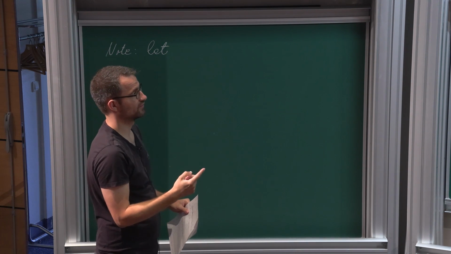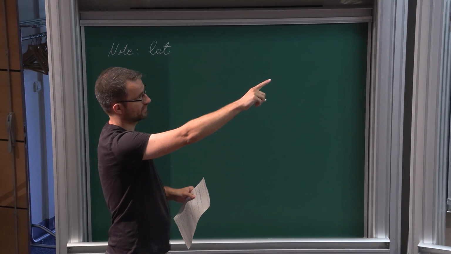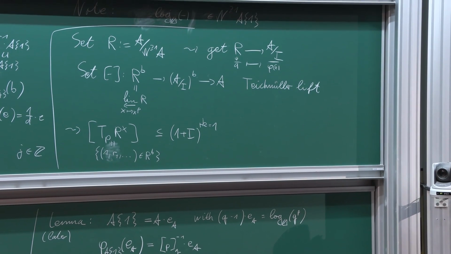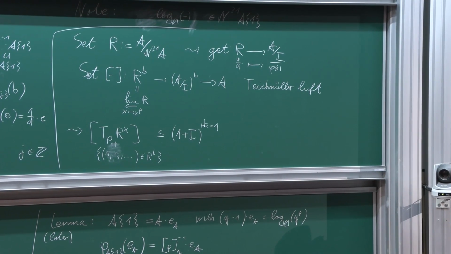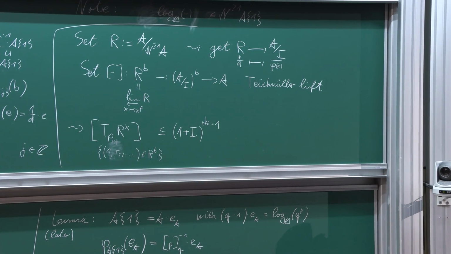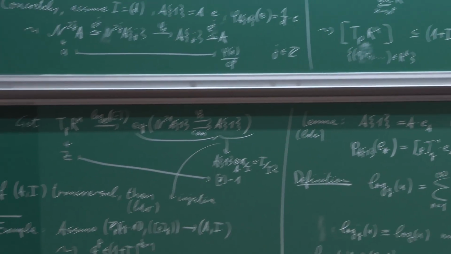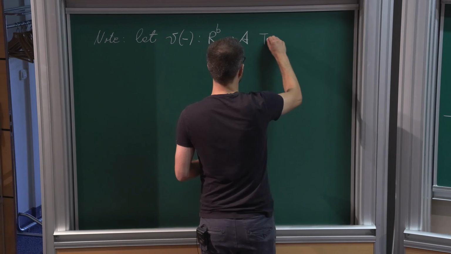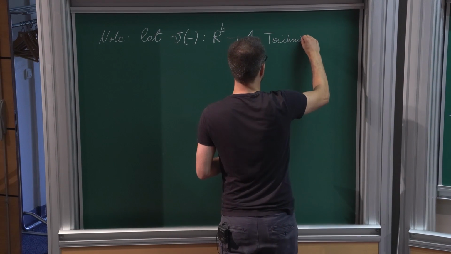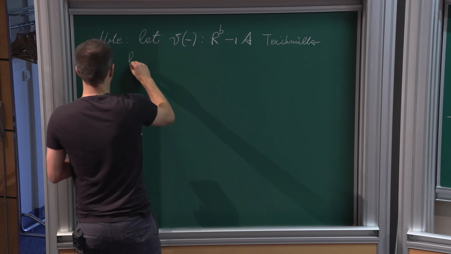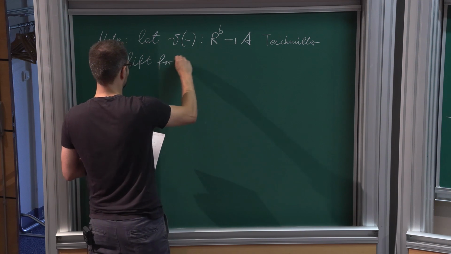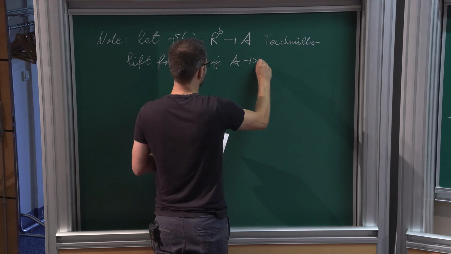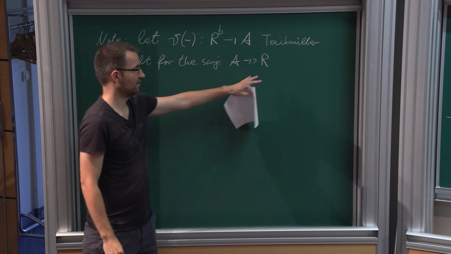I've used this Teichmüller lift on the blackboard over there, but actually there exists another possibility how to lift elements from R to A. So I call this new one nu, and it should be the Teichmüller lift for the surjection from A mapping down to R.